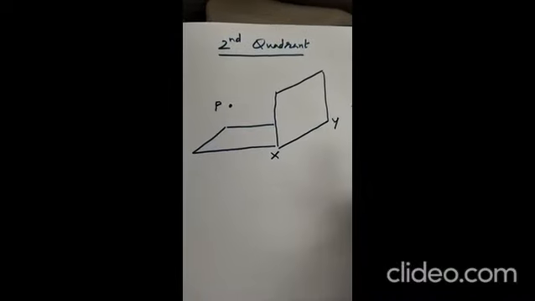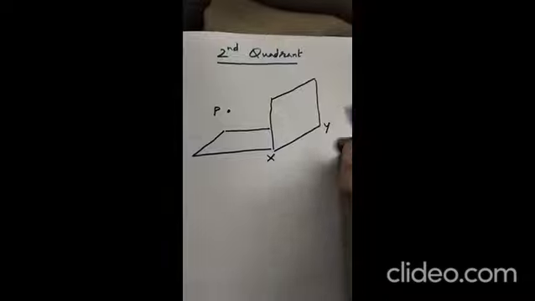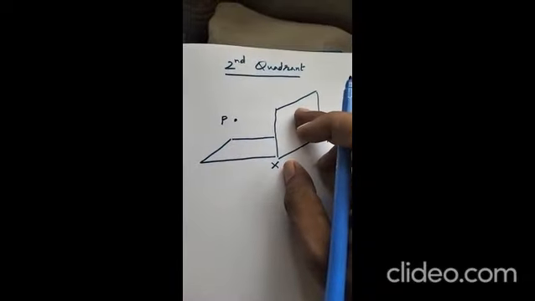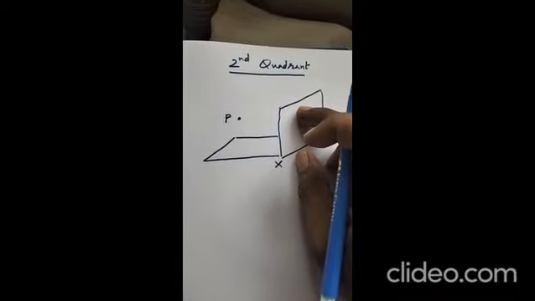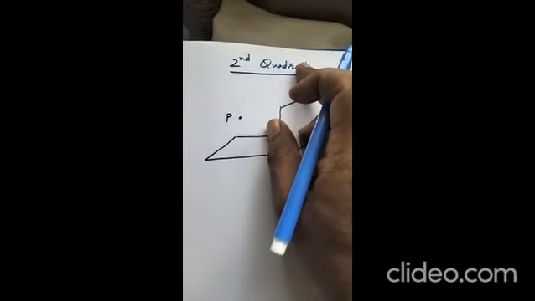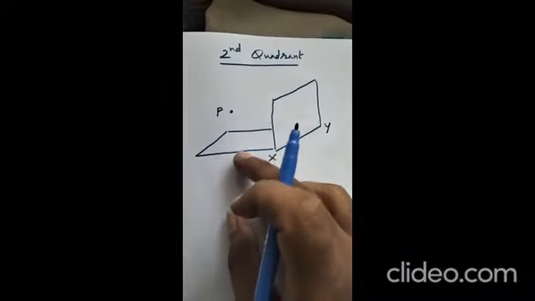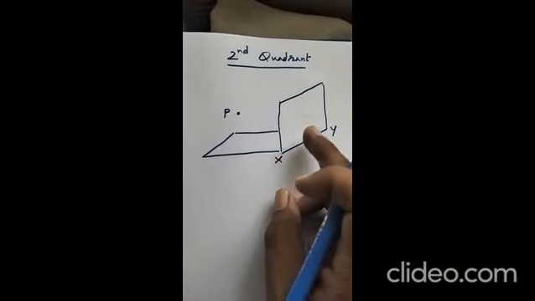When the observer sees for the front view here, we get the projection on the transparent plane, that is the vertical plane, as p dash, and likewise when the observer sees from the top, we get the top view, which is also available above XY.